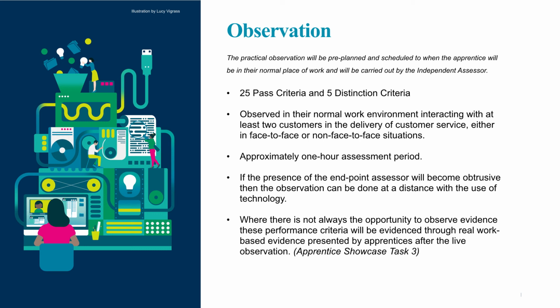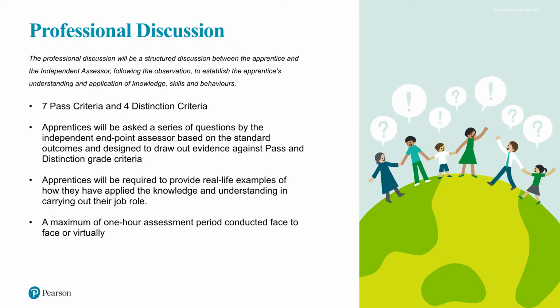So the endpoint assessor will communicate to the apprentice the outcomes of the observation, but also that unfortunately you didn't get the opportunity to demonstrate these pass or distinction criteria. Can you provide some evidence of how you've done that in the past? The beauty here is that we've linked that potential evidence to the apprentice showcase so that it's not labour intensive and the apprentice doesn't have to produce more evidence that they haven't already produced within their EPA period.